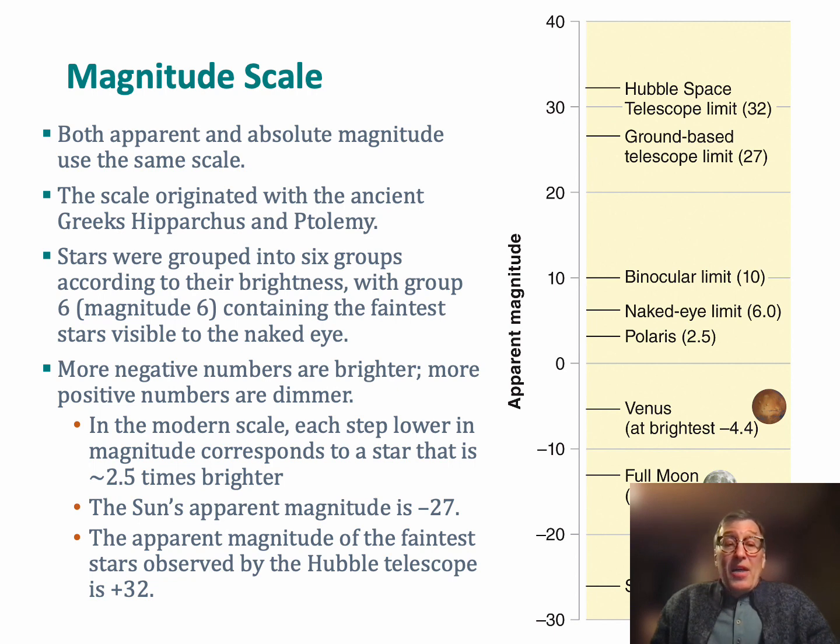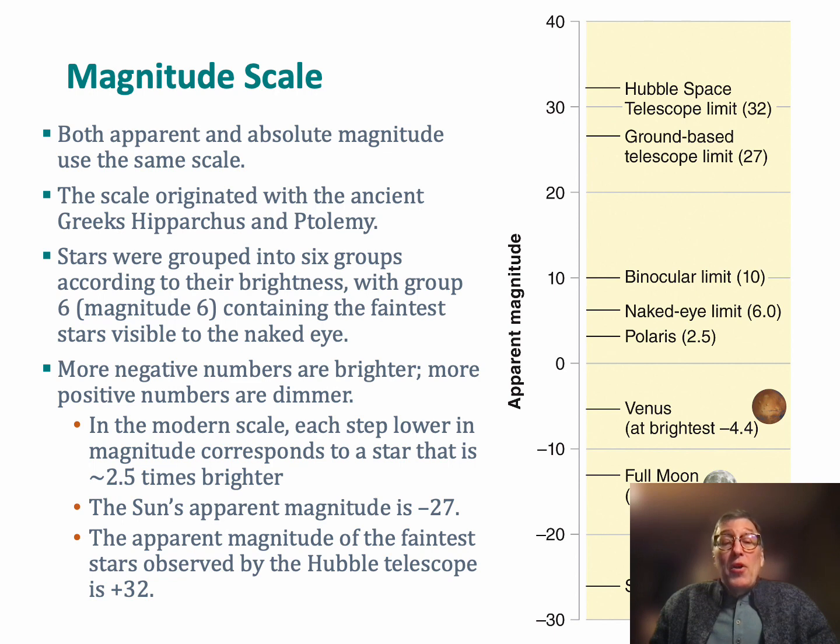And they grouped stars into 6 groups according to how bright they are. So the brightest stars were given a magnitude of 1. The ones that were a little less bright were 2, and so on. And the very dimmest stars that could be seen were magnitude 6. So their scale was fairly narrow, 1 through 6.